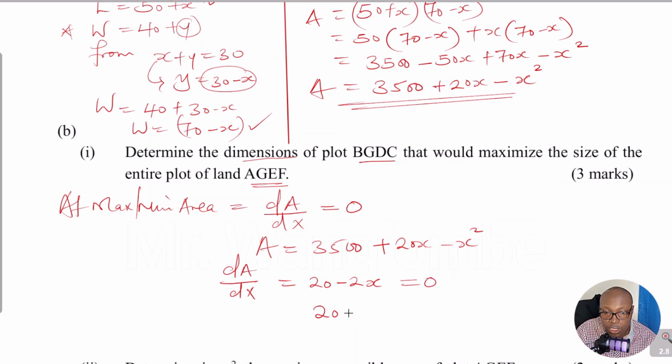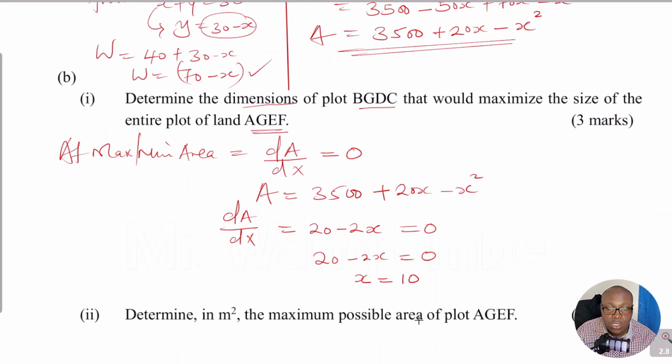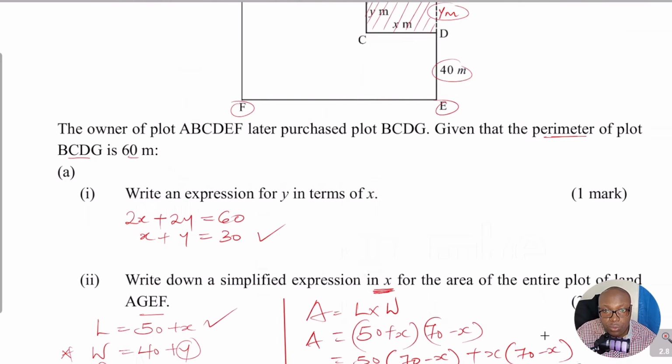So 20 minus 2x equals 0, and therefore x will be 10. The dimension that is going to give us the maximum area of that plot is x equals 10.